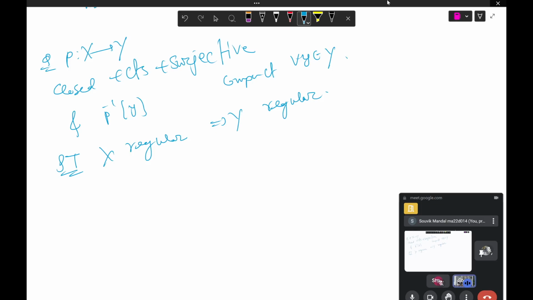Well, this problem is like the previous problem, but it's quite tricky obviously. So think about it.